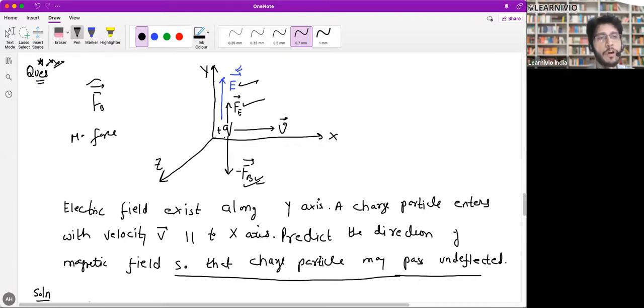Okay, sir. It's a very, very important question. You have one full device which is based on this expression. There is one device which is known as velocity selector. That device is based on this only.